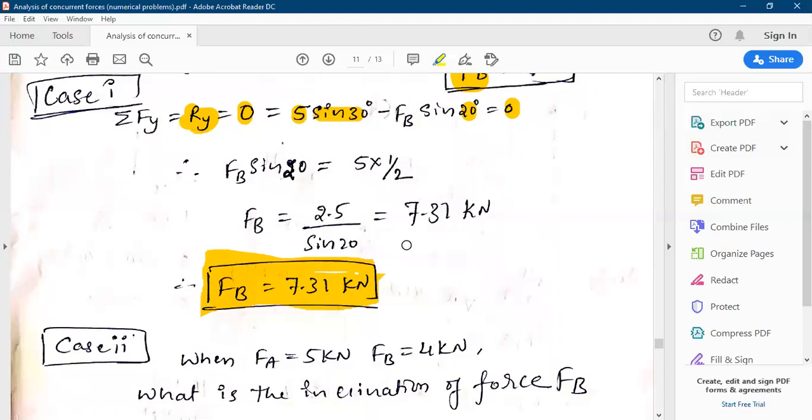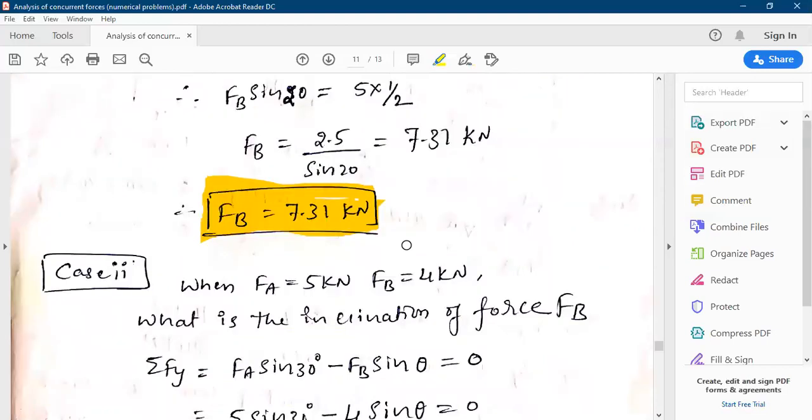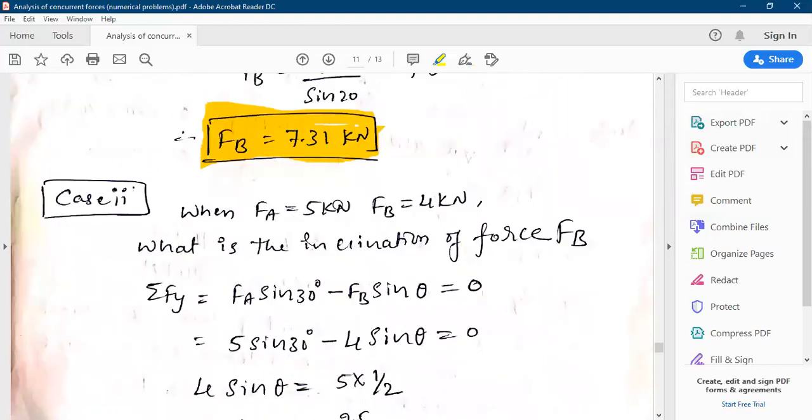Similarly, in the second case, force Fa of 5 kilonewton is given and the force acting in rope B is 4 kilonewton. At force A, the angle of inclination is 30 degree. So what will be the angle of inclination of force B when force Fb is equal to 4 kilonewton?